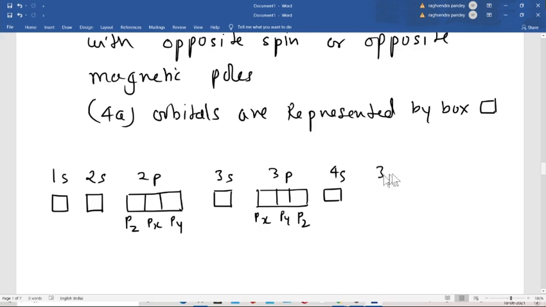Then the last one is your 3d. 3d has 5 orbitals: dx2-y2, dz2 and all that. So these are the 5 orbitals.